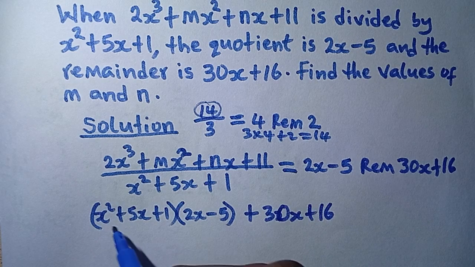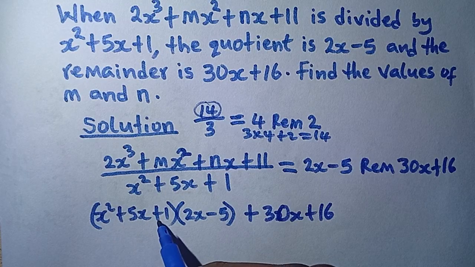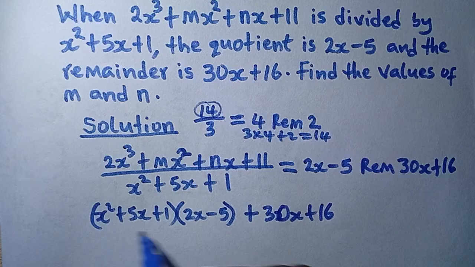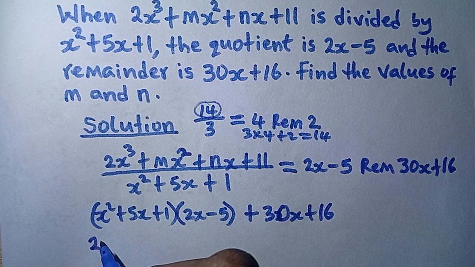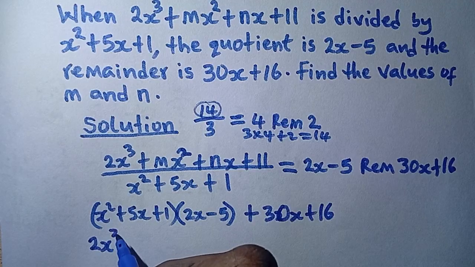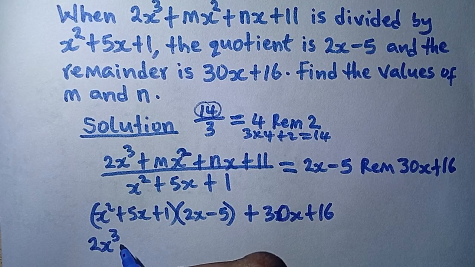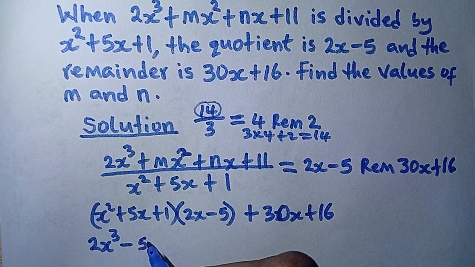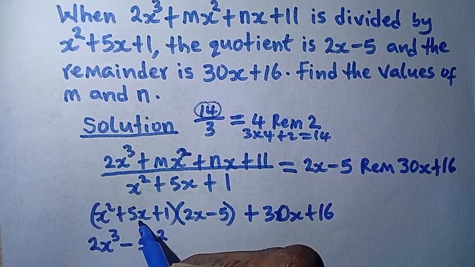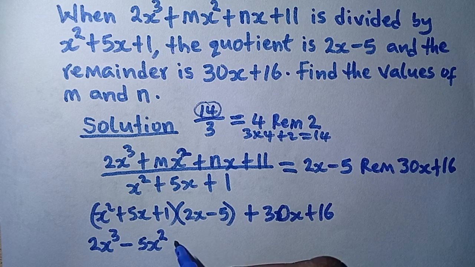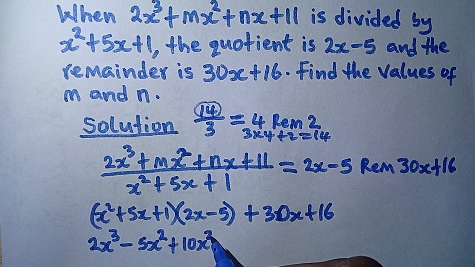To expand this bracket, we use each term here to multiply each term in the other bracket. x squared multiplied by 2x gives us 2x raised to power 3. x squared multiplied by negative 5 gives negative 5x squared. Positive 5x multiplied by 2x gives positive 10x squared.